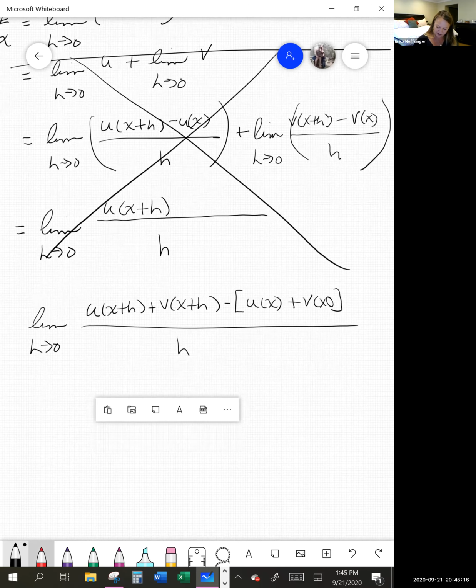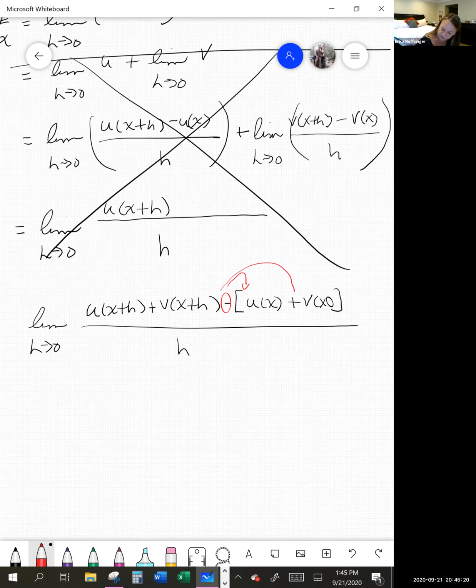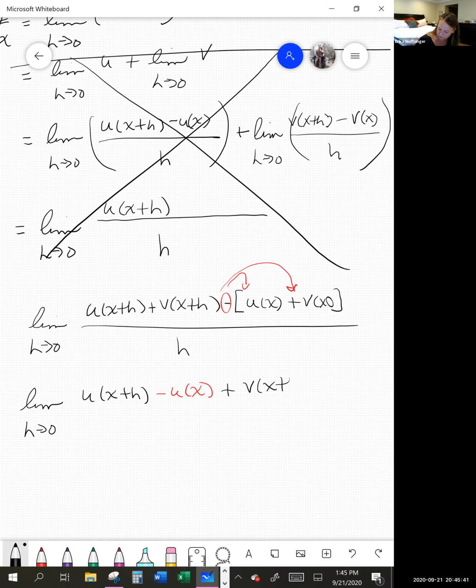So now if I distribute this negative to each term, this is the limit as h goes to 0 of u of x plus h minus u of x, right? Plus this v of x plus h. But if I distribute that negative, that's minus v of x.